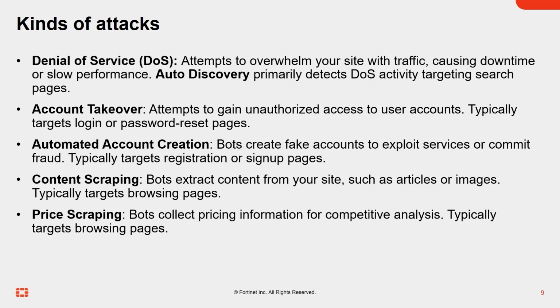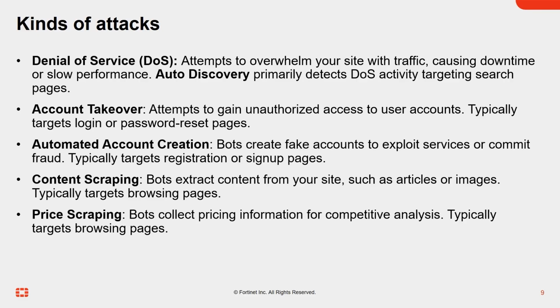Denial of service. Attempts to overwhelm your site with traffic, causing downtime or slow performance. Auto-discovery primarily detects denial of service activity targeting search pages. Account takeover. Attempts to gain unauthorized access to user accounts. Typically targets login or password reset pages. Automated account creation. Bots create fake accounts to exploit services or commit fraud.